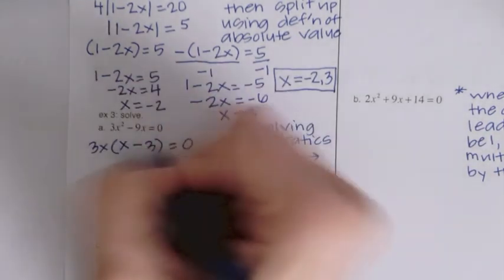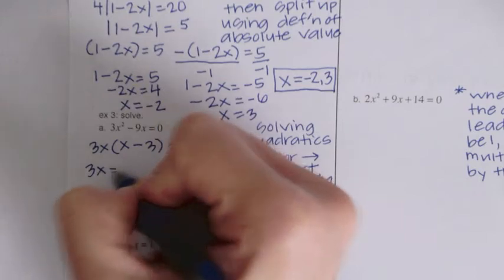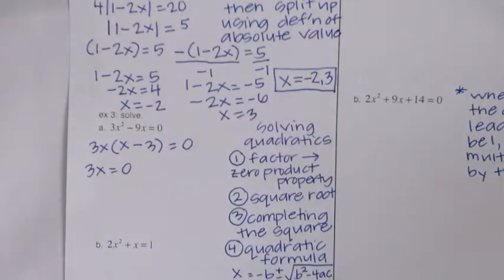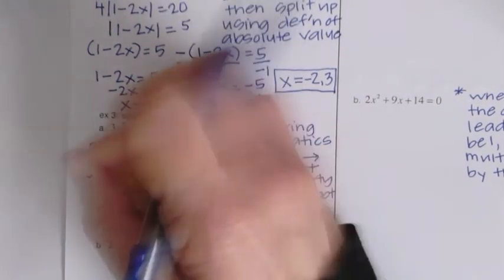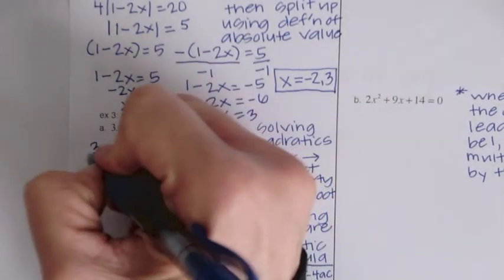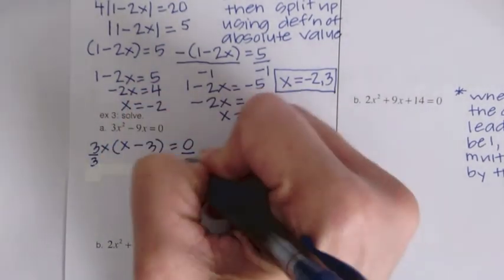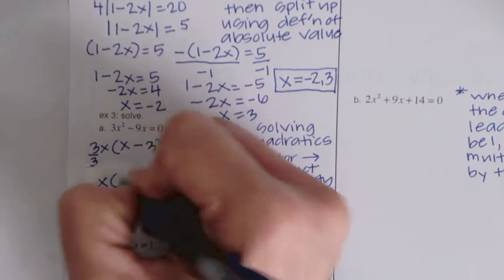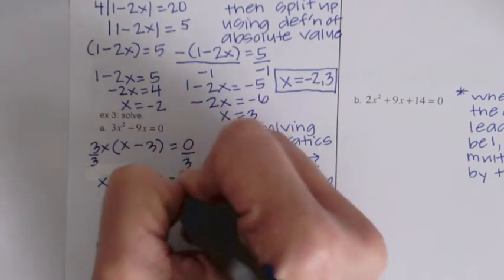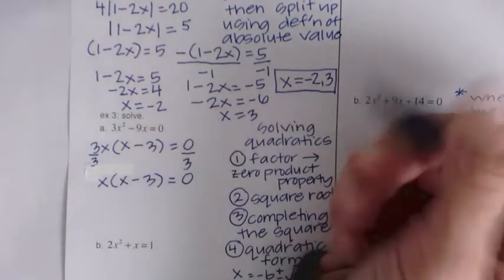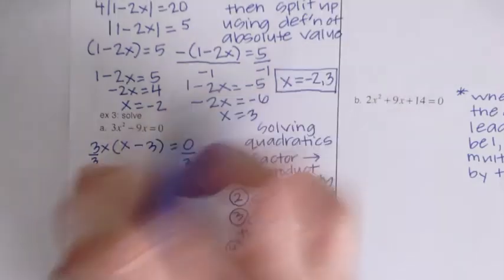So when you're multiplying, either 3x equals 0, or actually, if you prefer, this might make it easier for you to understand. You can divide out that constant. We'll get the same answer. That's the beauty of math, is there's lots of different ways to manipulate your equations.